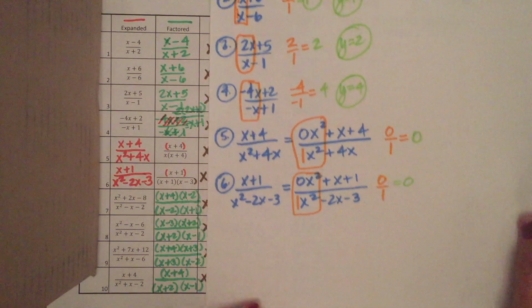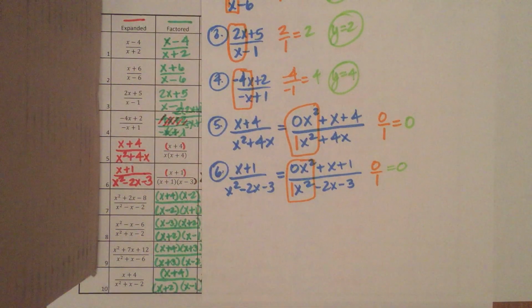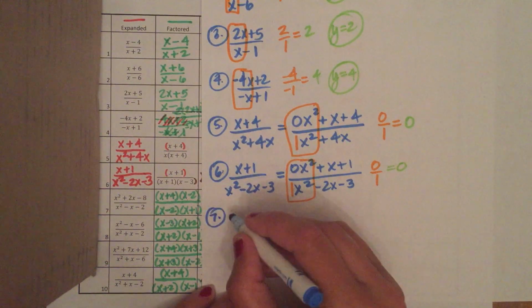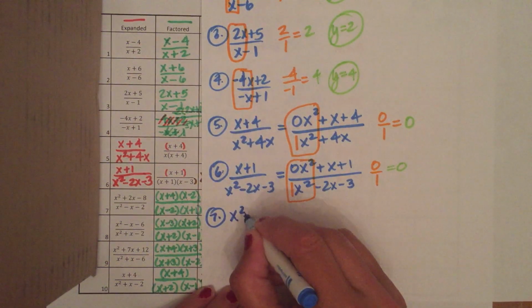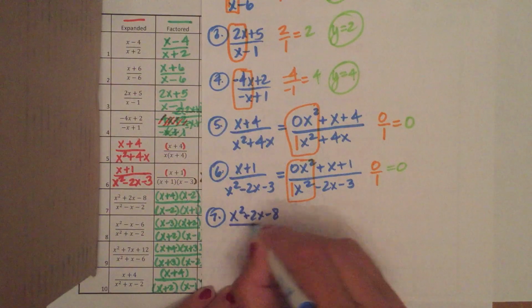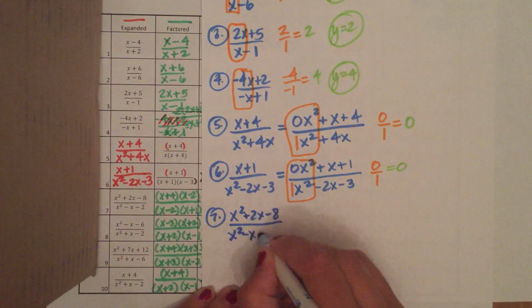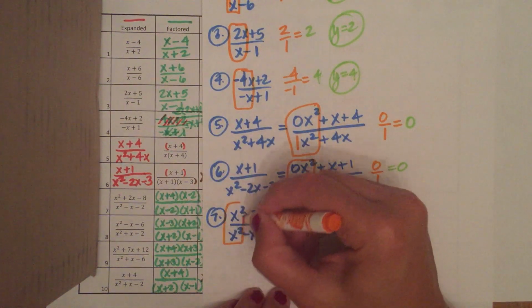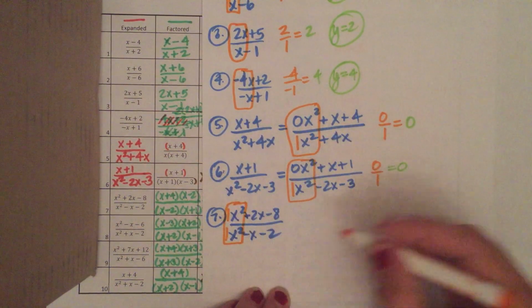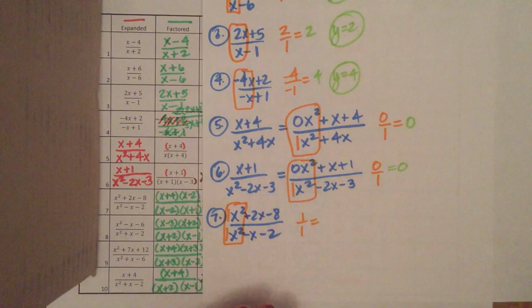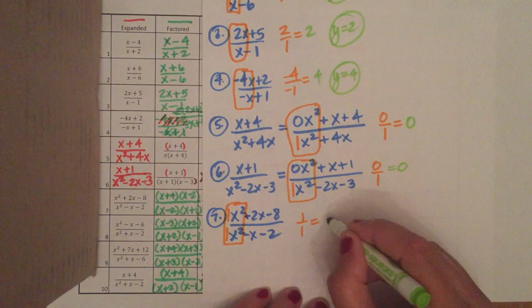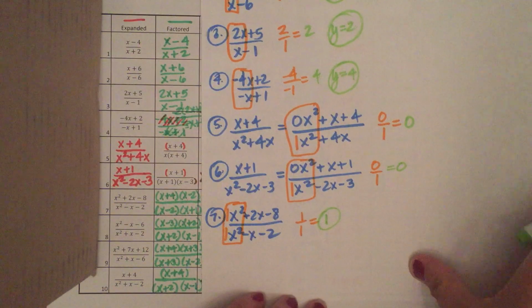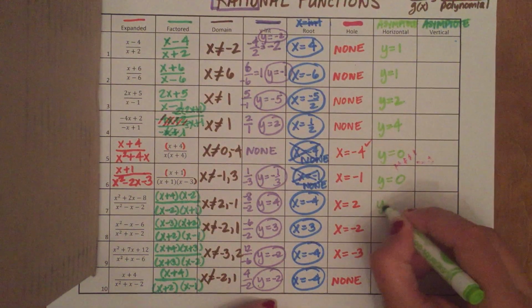Now let's look at number 7. So for number 7, we have (x squared plus 2x minus 8) over (x squared minus x minus 2). Again, you look at your lead degree terms, which in this case would be x squared and x squared. Those are 1s. So I've got 1 over 1, which equals 1. So for number 7, y equals 1 is your asymptote.